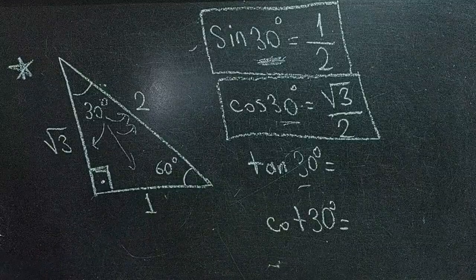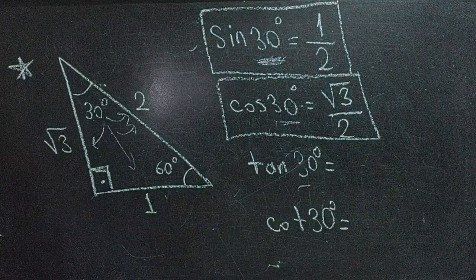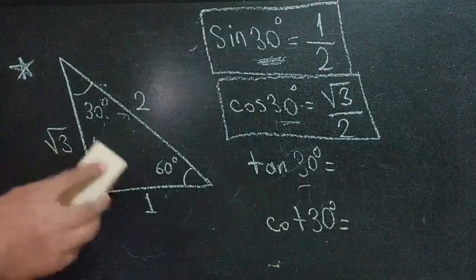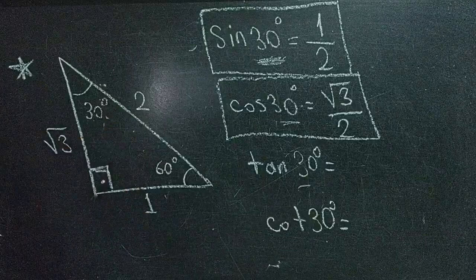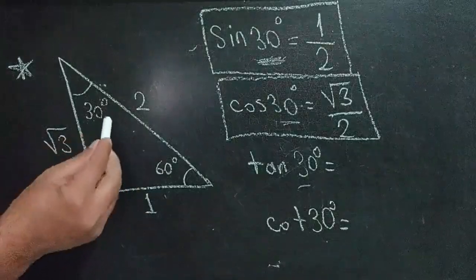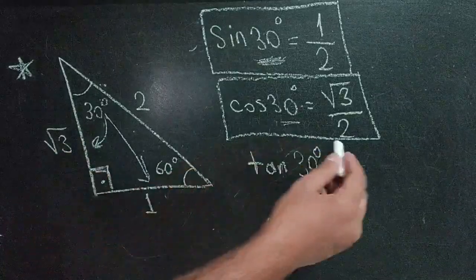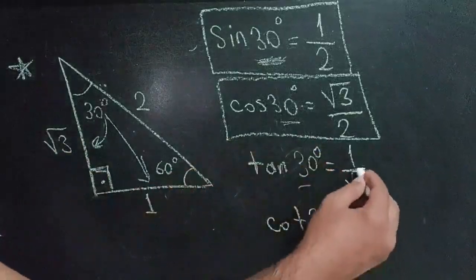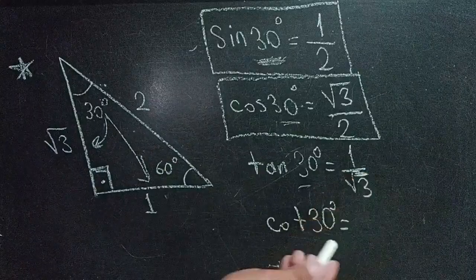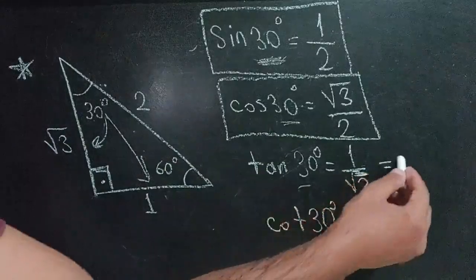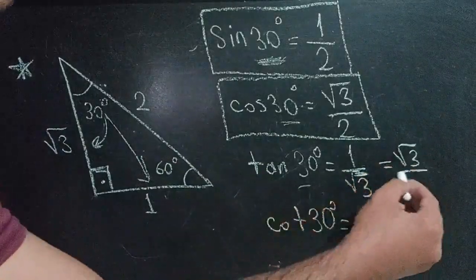And tangent, what was the tangent? Remember, opposite over adjacent, which is going to be 1 over square root 3. And this 1 over square root 3 is going to be square root 3 over 3.